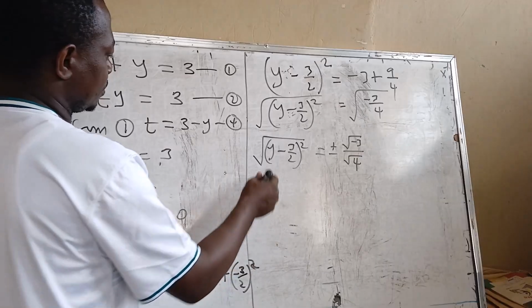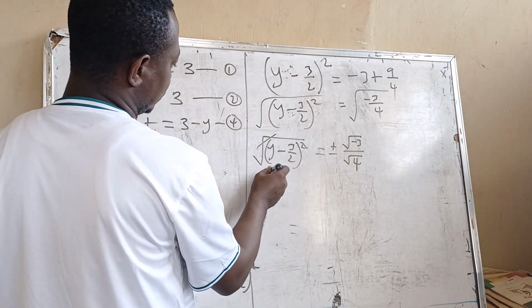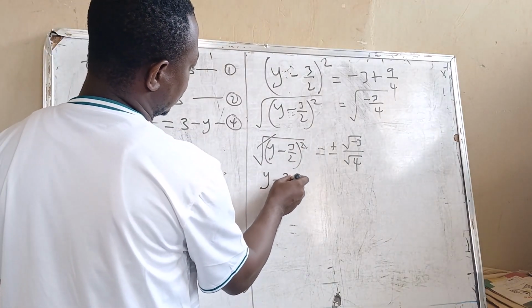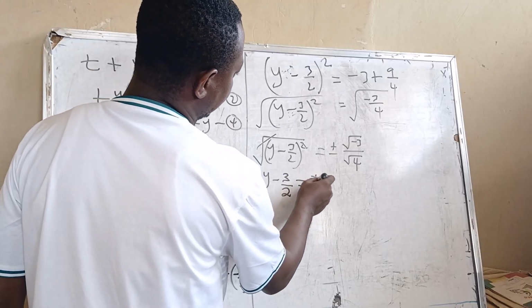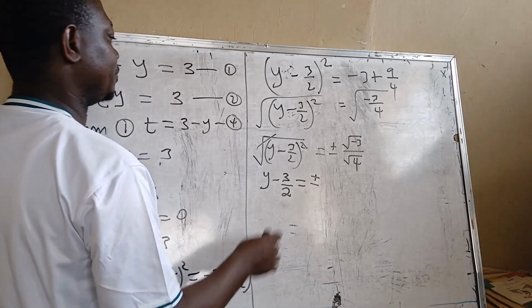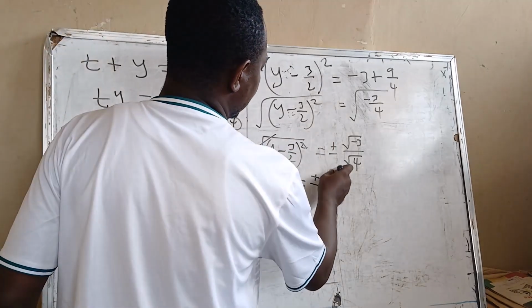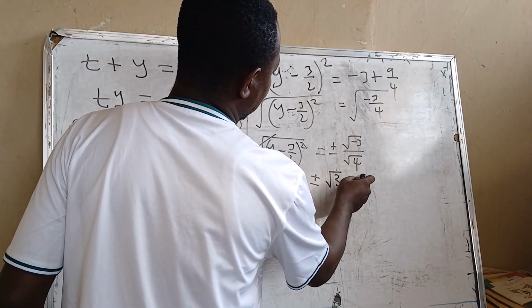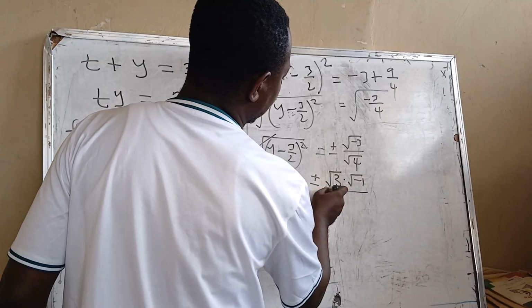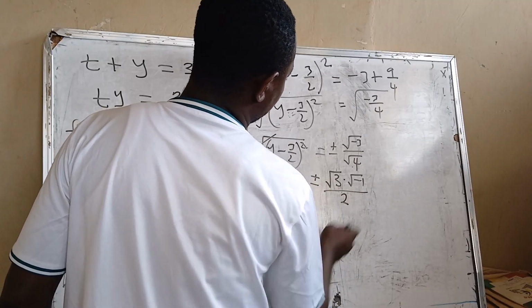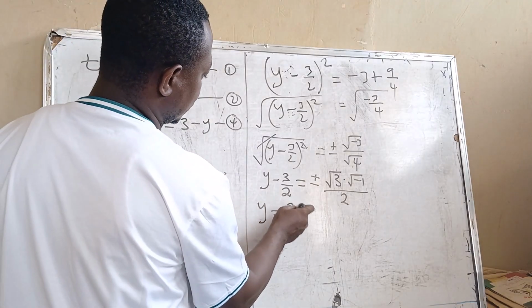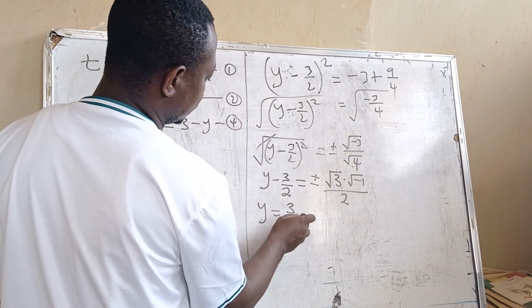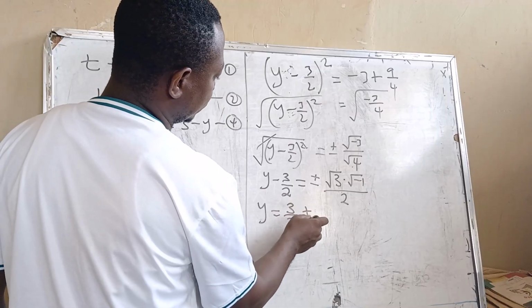From here, this one will cancel this. Y minus 3 on 2 equals plus or minus. Now we can manipulate this as the square root of 3 times the square root of minus 1, over the square root of 4, which is 2. So we have y equals 3 on 2 plus or minus.